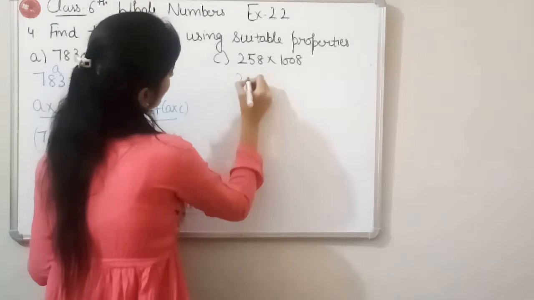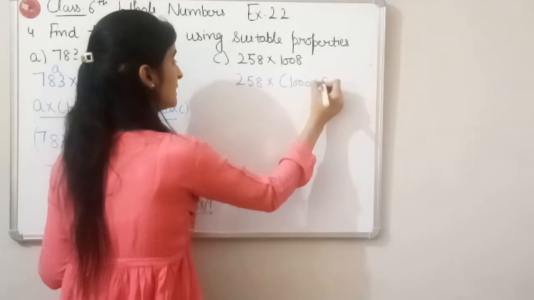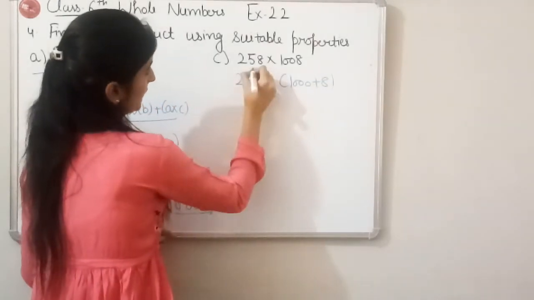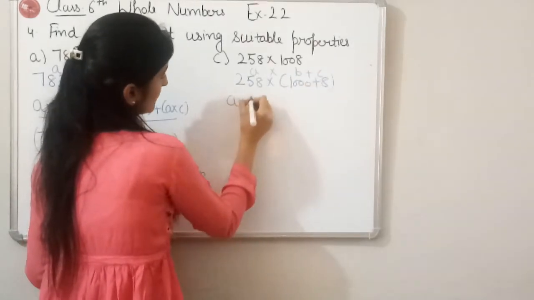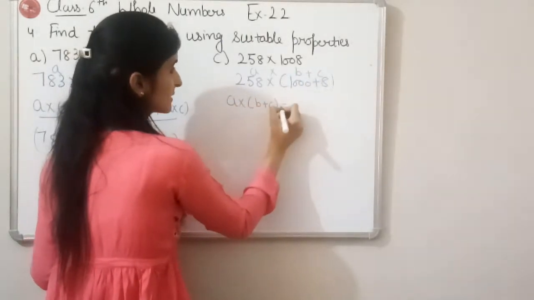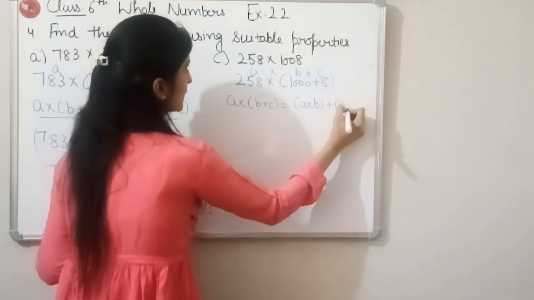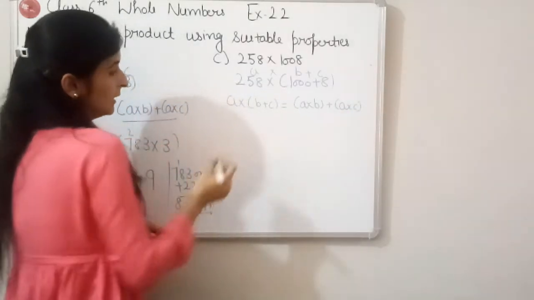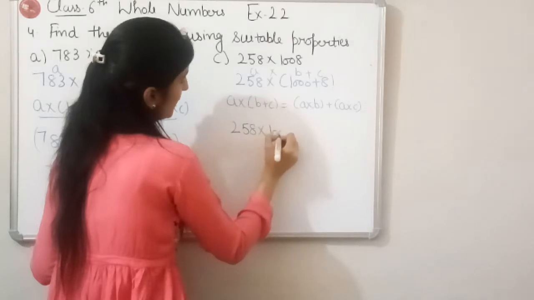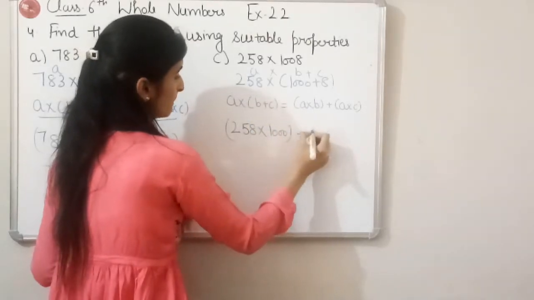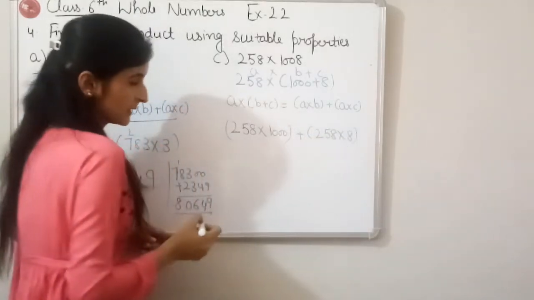Now let's come to the C part. Here also we can write 1008 as 1000 plus 8. So again it is in the form of A multiplied by B plus C. And how can we write A multiplied by B plus C? We can write it as A multiplied by B plus A multiplied by C. Now this will be equal to 258 multiplied by 1000 plus 258 multiplied by 8.